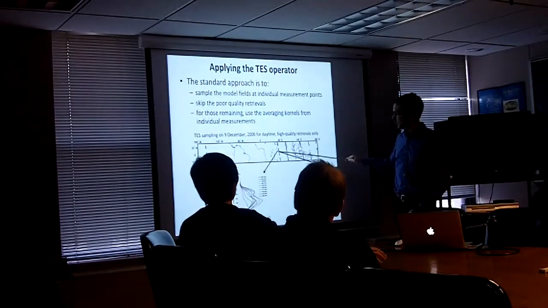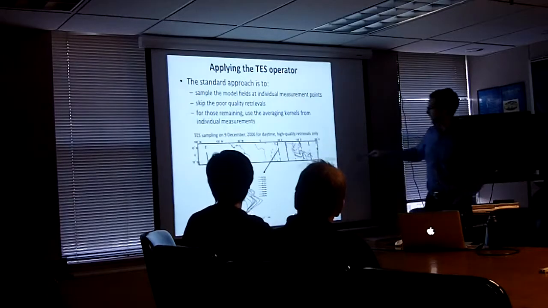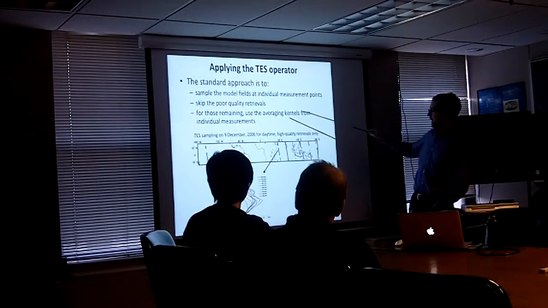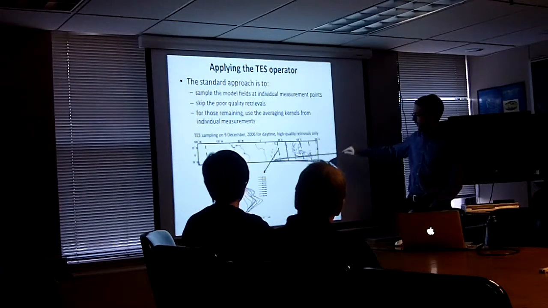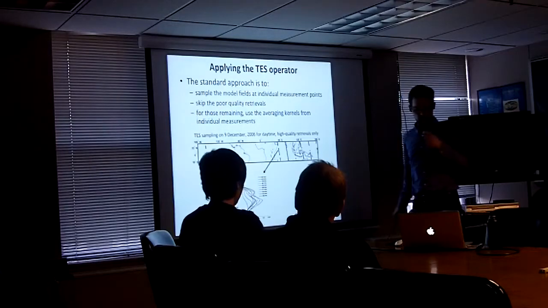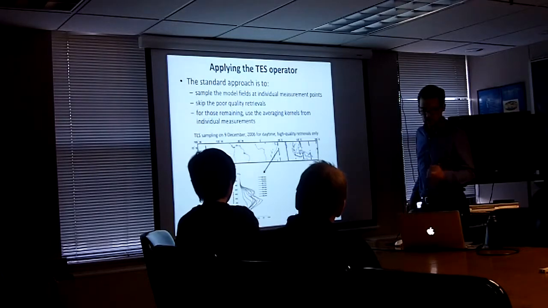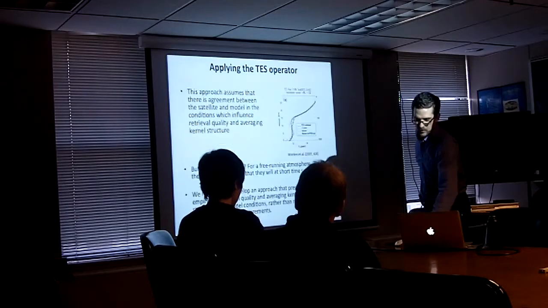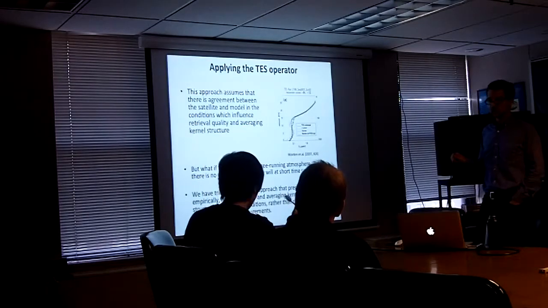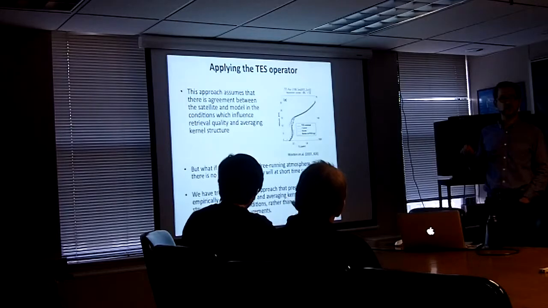For this one, for example, this shows the orbital path, showing the high quality retrievals only, and applying the satellite observed averaging kernels from the measurement points. That whole approach originates from satellite validation studies, where we're comparing the retrievals to in situ measurements.